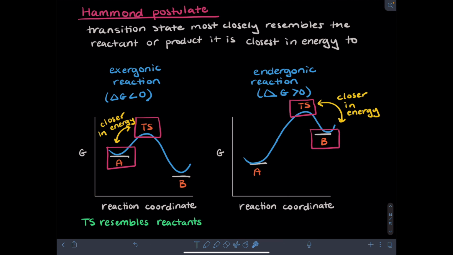For the endergonic reaction, notice that the transition state is closer in energy to the products than it is to the reactants. In this case, again by the Hammond postulate, because the transition state is closer in energy to the product, the transition state more resembles the product.